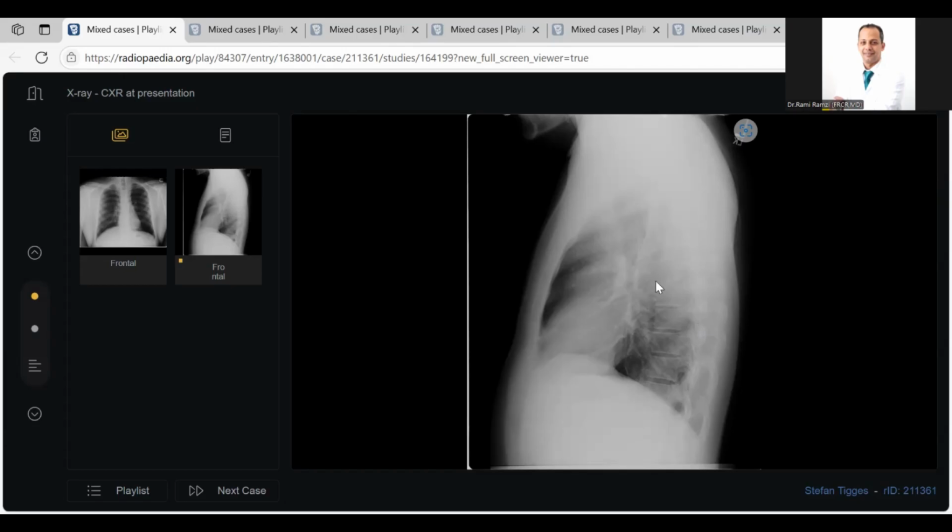Do you know the "more black" sign? Could you pick up the more black sign here? The more we go down, it must be denser, more black, more lucency. But here there is loss of the more black sign.